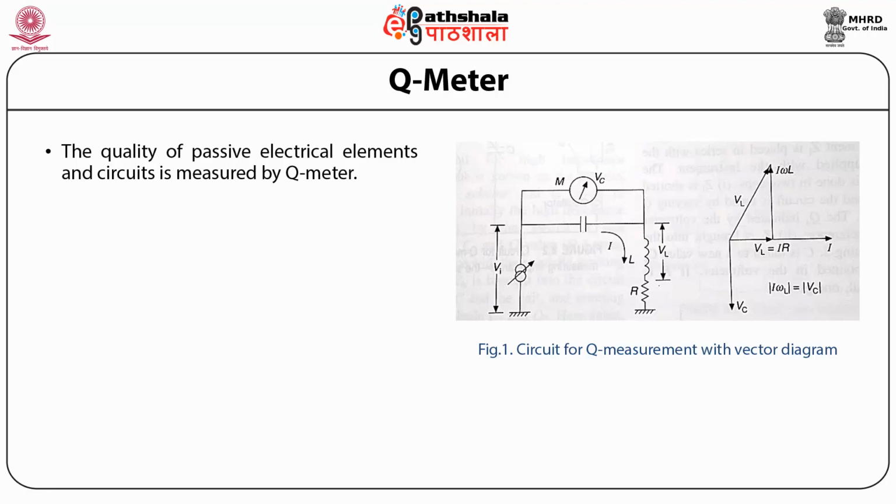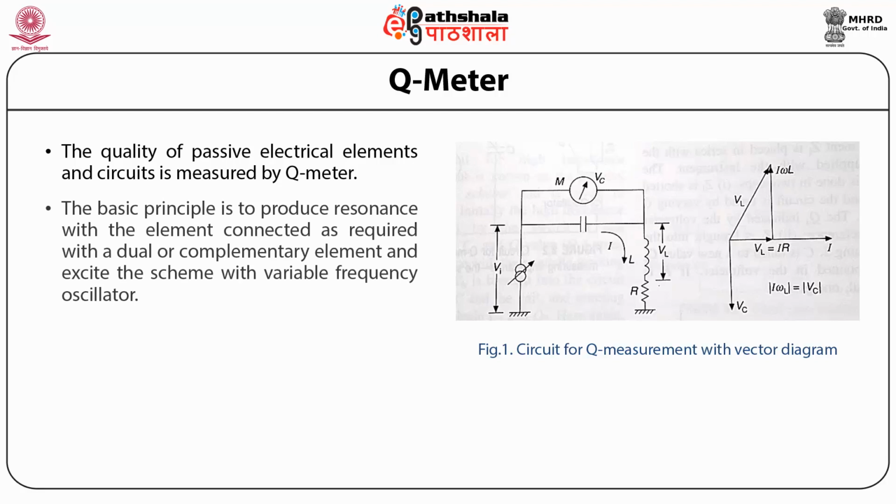The quality of passive electrical elements and circuits is measured by Qmeter. The basic principle is to produce resonance with the element connected as required with a dual or complementary element and excite the scheme with a variable frequency oscillator.